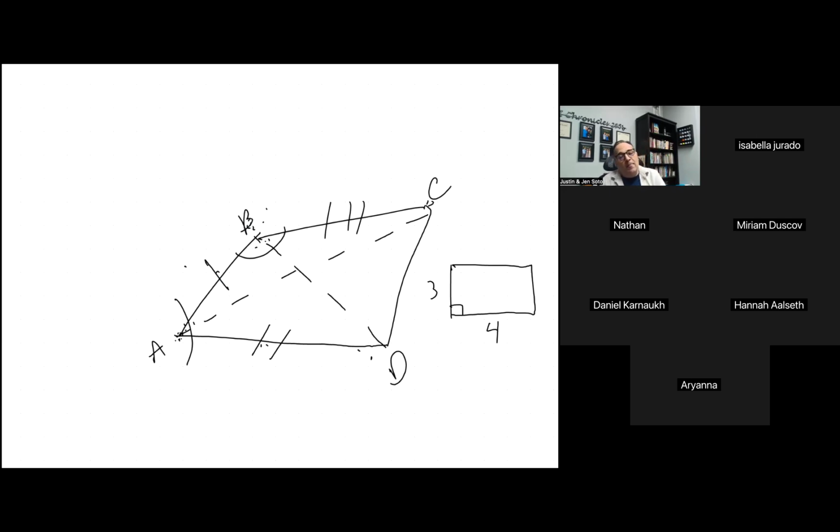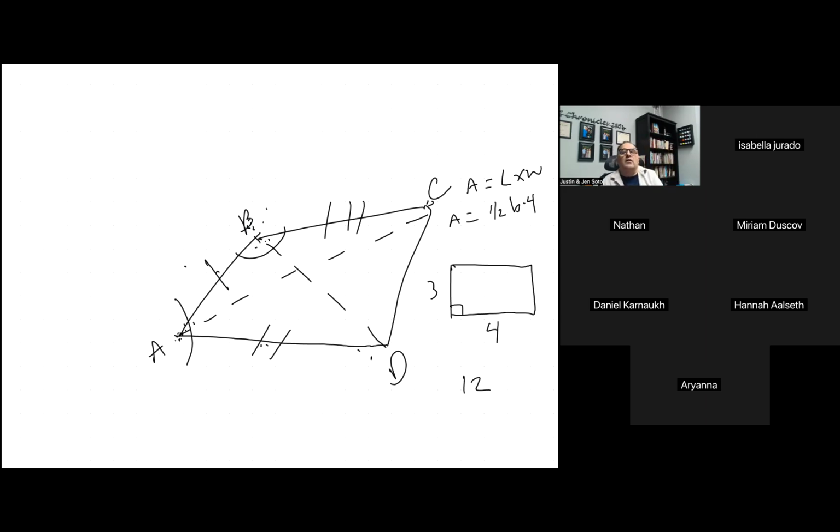We know that the area of this rectangle that I've drawn here would be 3 times 4, which is 12, right? Now, what is the formula? Because area of a rectangle is just simply length times width. Is that right? The area of a triangle is equal to half the base times the height.